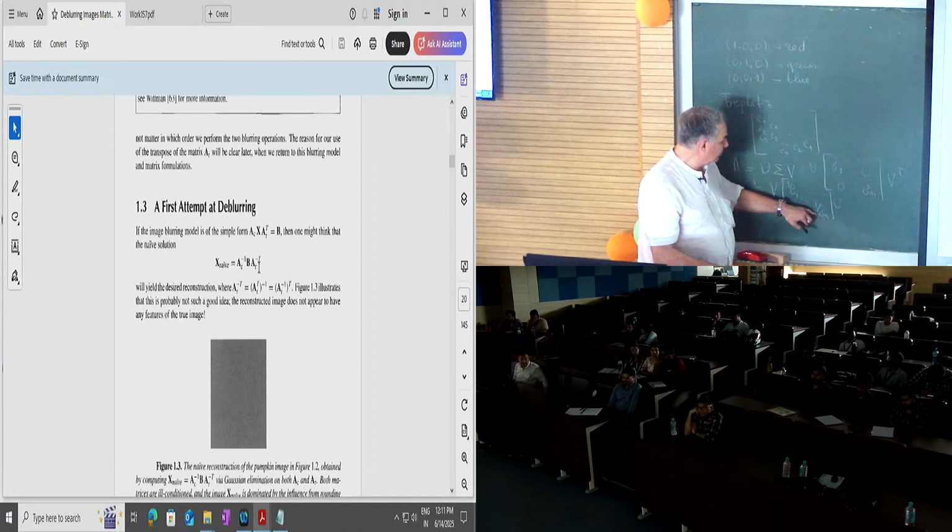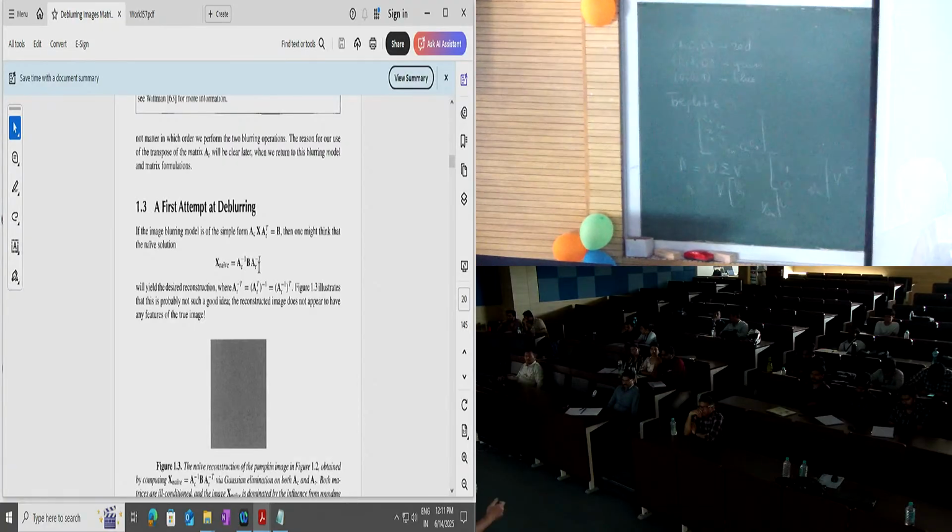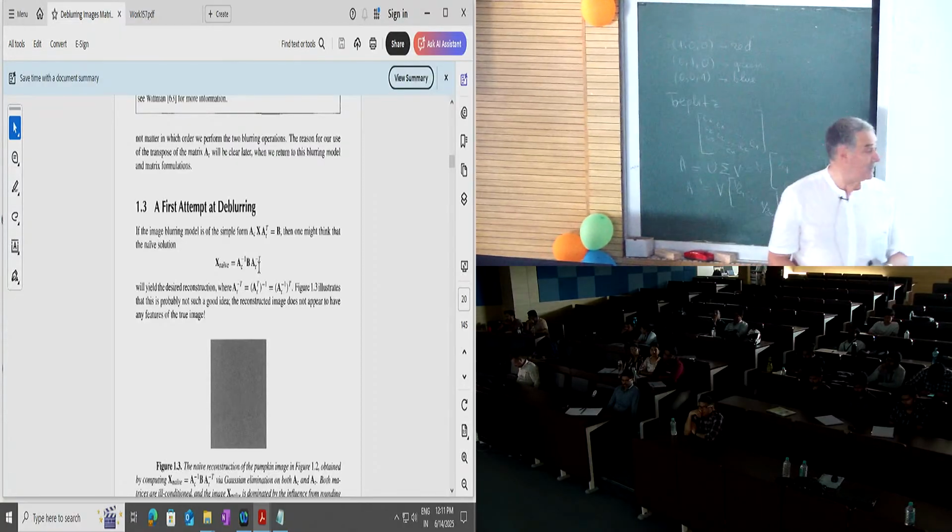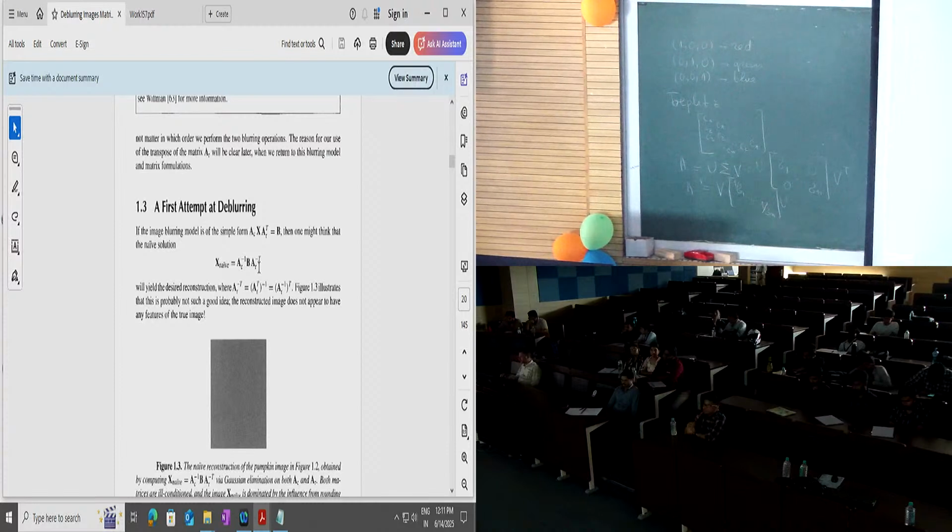We have smaller and smaller values of sigma 1 to sigma n. And finally, here can be a problem with dividing by small singular values, which implies numerical instability, working with big numbers, and the result of such a naive inverse on the image, the blurring was catastrophic.